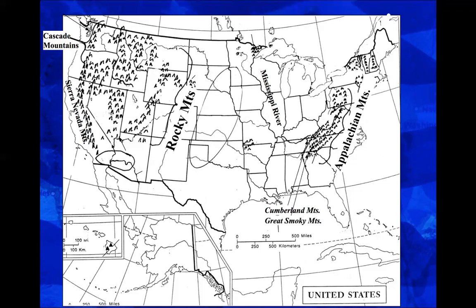The Great Smokies kind of run right through the middle of the Appalachians. And on the far side over here in Georgia, South Carolina, North Carolina are the Blue Ridge Mountains. So those are your three mountain ranges kind of in the southern part of the Appalachians. The Ozarks are right here in Missouri and northern Arkansas.